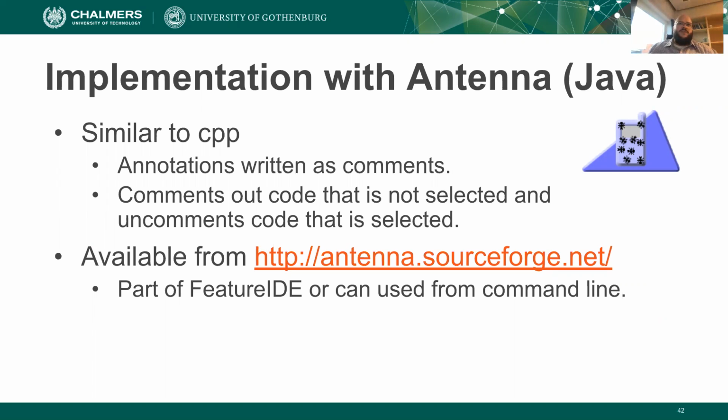In other languages, you don't have as native of a manner. Like Java doesn't have a native manner to control conditional compilation, but there's external tools we can use to enable the same options. One of the more common in Java is what's called Antenna. Antenna was a preprocessor that was originally designed for Java Mobile Edition.